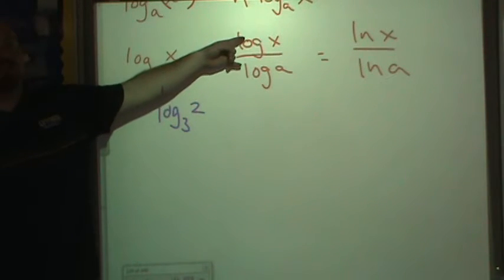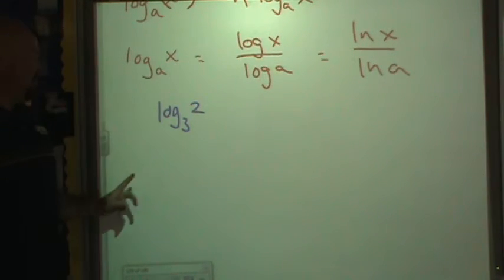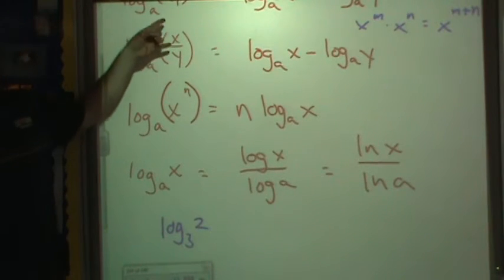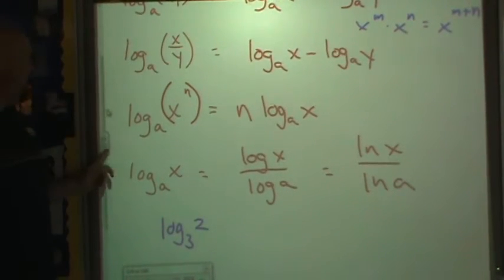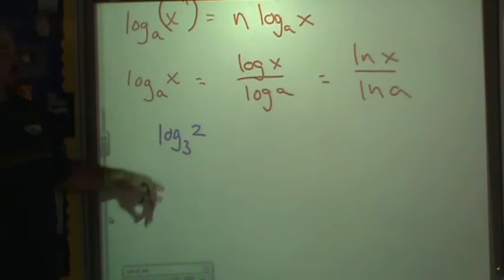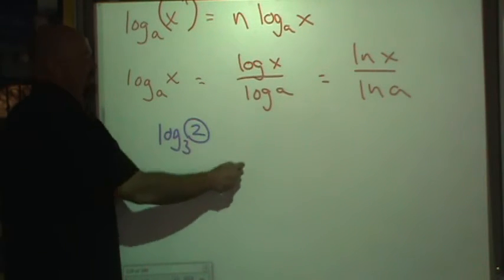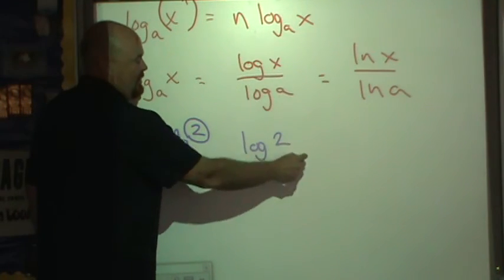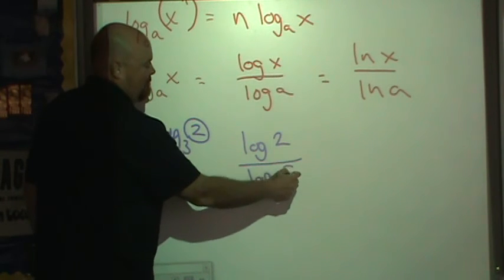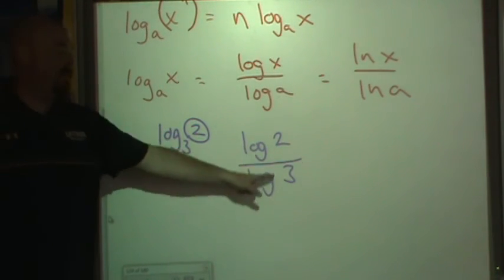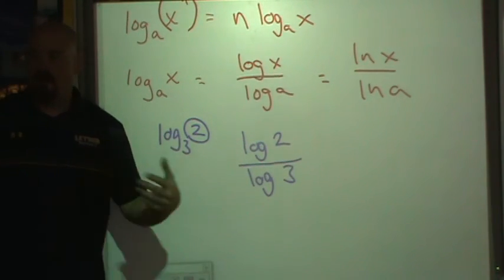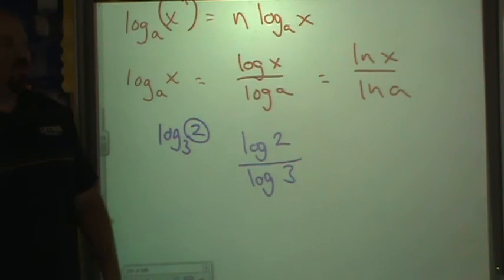This is the quotient of two logs. This is the log of a quotient. So down here, if we wrote this, you take whatever is inside the log, you write that on the top, and you take the base of the log, you make that the bottom. These are now base 10 logs, which many calculators are capable of executing.